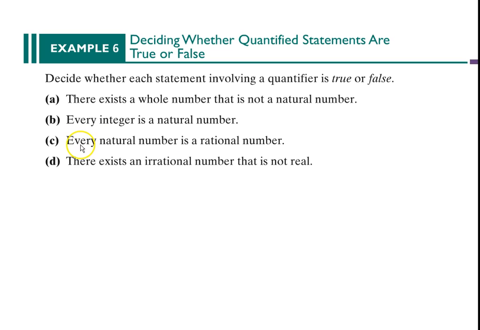Every natural number is a rational number. There, the universal quantifier happens to be true, because this would be like a subset of rational numbers. D, there exists an irrational number that is not real. Well, in this case, all irrational numbers are real, so this statement is false.